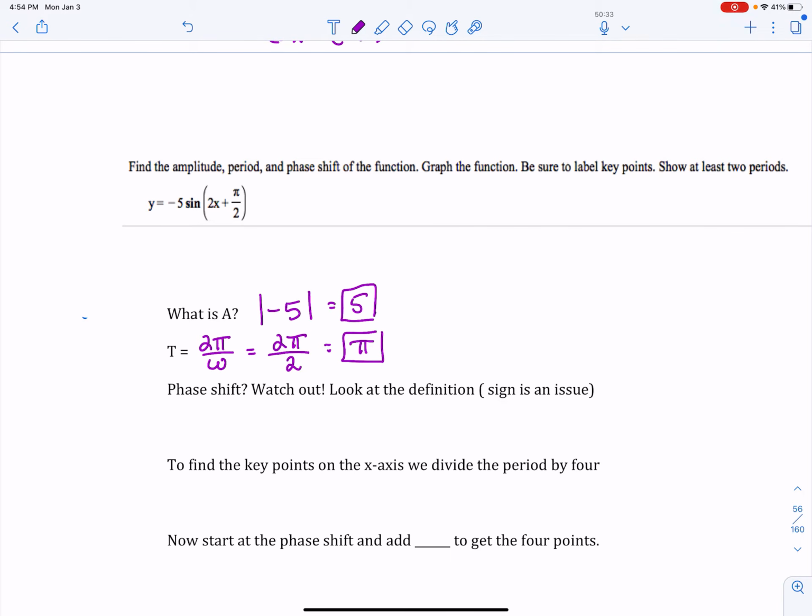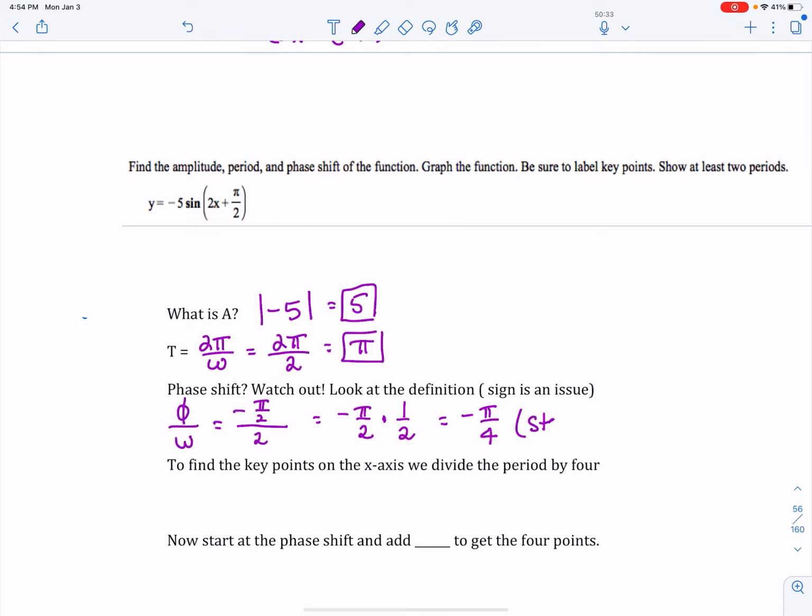The phase shift is found by taking phi over omega. Because we have a plus inside of the parentheses, I know that my phi is negative. So -pi over 2 over omega, which is 2. So I get pi over 2, which is negative, times 1/2. So this equals -pi over 4.